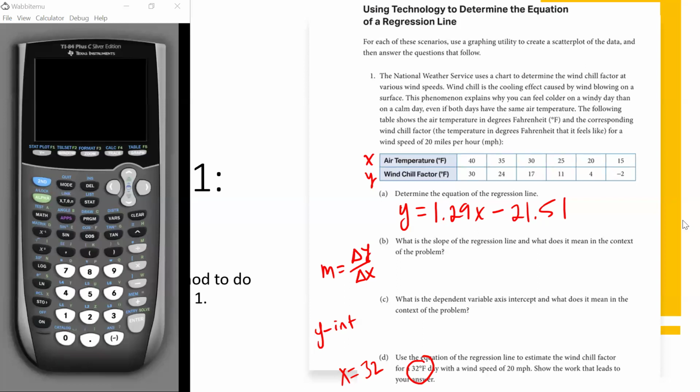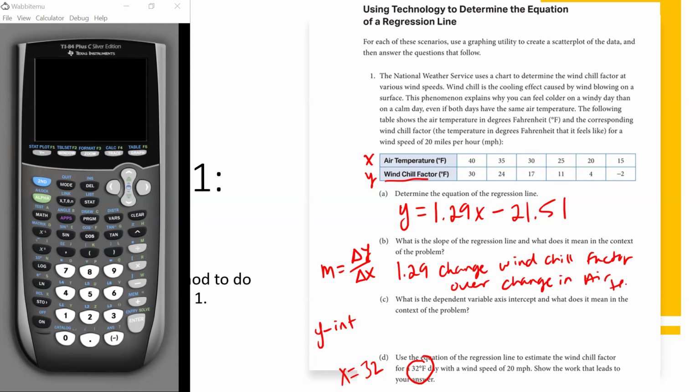Okay, so slope. In terms of this problem, what was our slope value? 1.29. So that 1.29 represented what? There we go. So it was our change in, and what did the y represent? Wind chill factor. Over our change in air temperature.